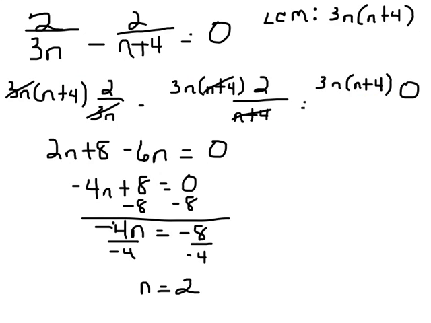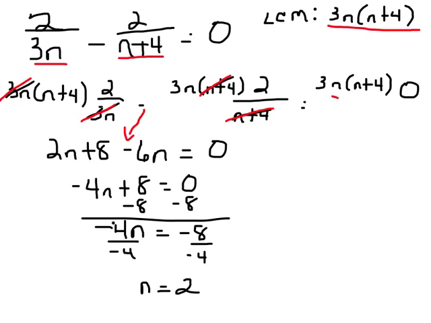In this example, our least common multiple, again, is both of these terms. So we have to multiply everything by both of these terms. When we do, in this case, 3n cancels out, and we'll multiply 2 times n plus 4, which gives us 2n plus 8. Here, this and this are going to cancel out, leaving us 2 times 3n, which is 6n, but we've got this minus here, so we bring it down.